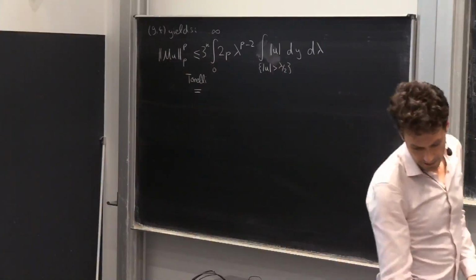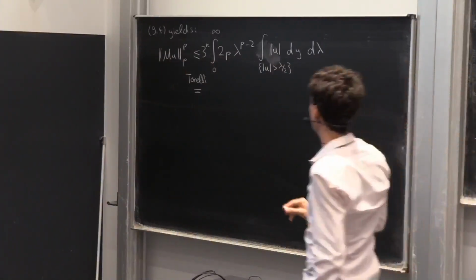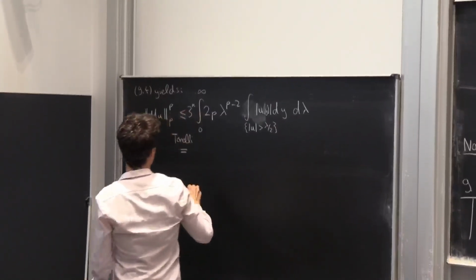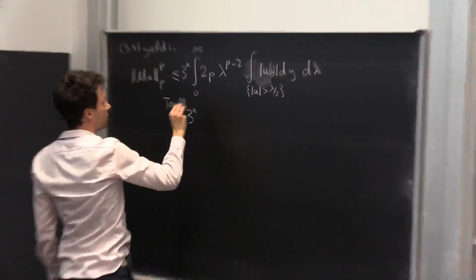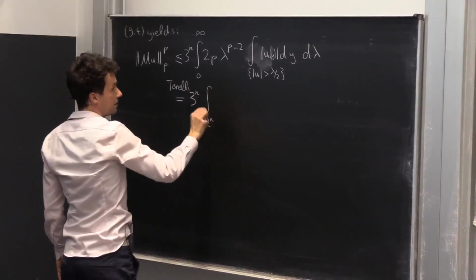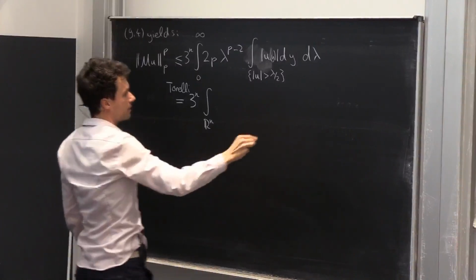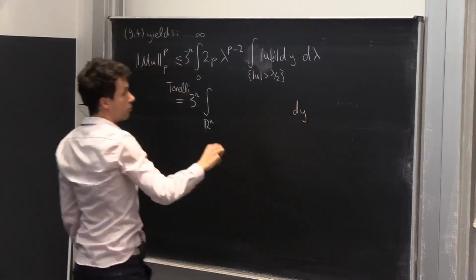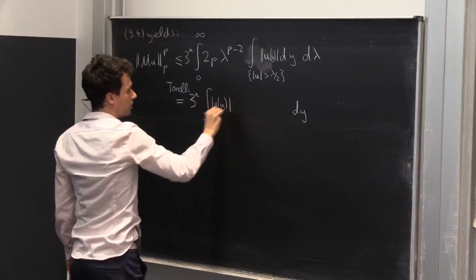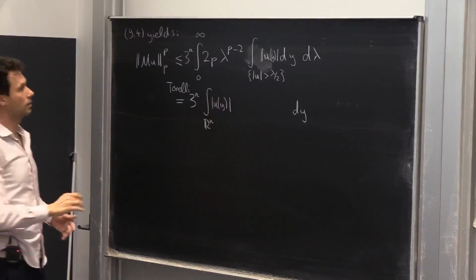Okay, and so what does Tonelli give me? Let me write u of y here to be more precise. So the 3 to the n over n clearly stays outside. Then I want to integrate in lambda first, and then I want to integrate in y. y can be anything on R^n, and the thing that depends on y is going to be the absolute value of u of y.